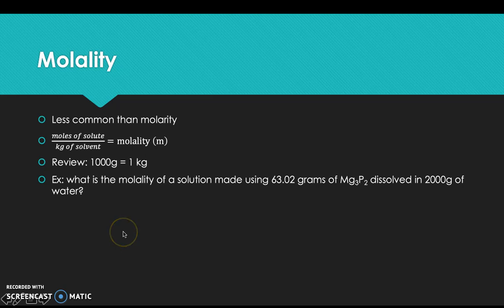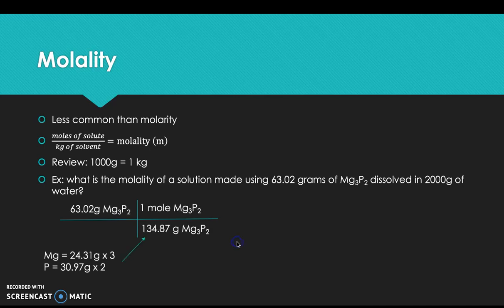Our example problem here: what is the molality of a solution made using 63.02 grams of Mg3P2 dissolved in 2,000 grams of water? So I've got my grams of my solute, and I need to convert them to moles, same way we did in the last slide. Finding the molar mass, that goes on the bottom, it's equal to 1 mole, and I do the math.